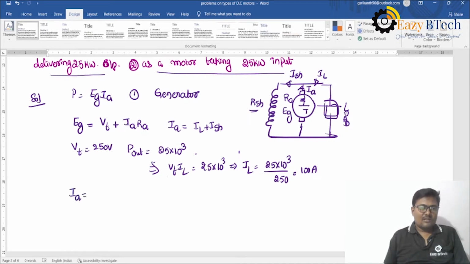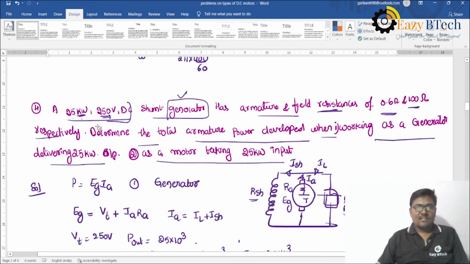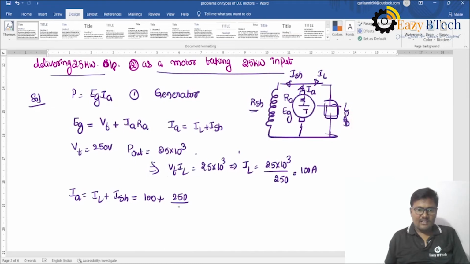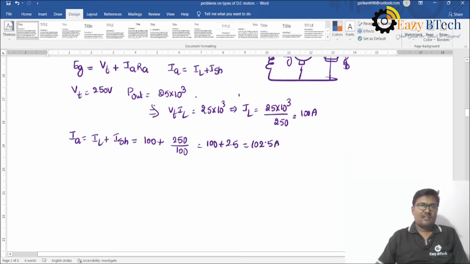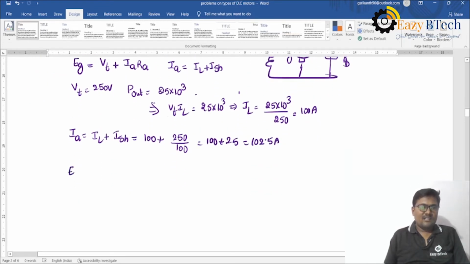IA is equal to IL plus ISH. 100 plus V, which is 250, divided by RSH. The shunt field winding resistance is 100. So 100 plus 2.5 is 102.5 amperes. Then find out the EG.